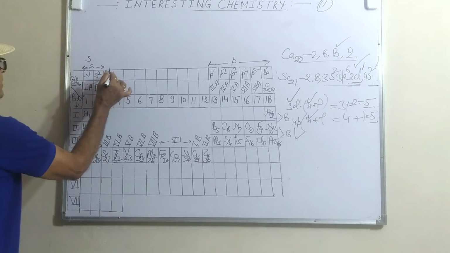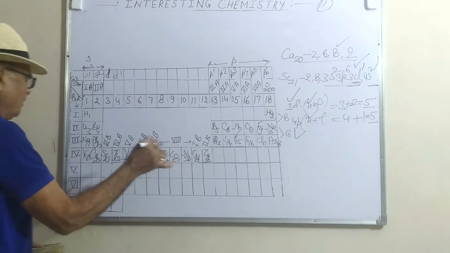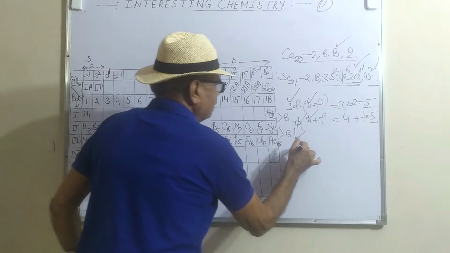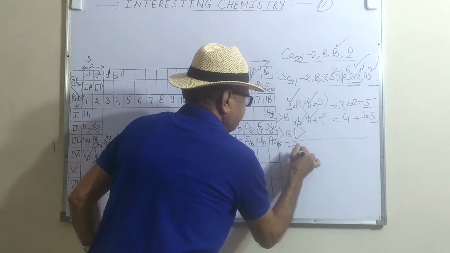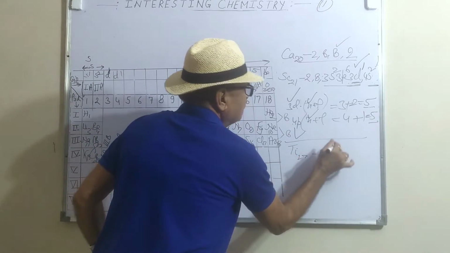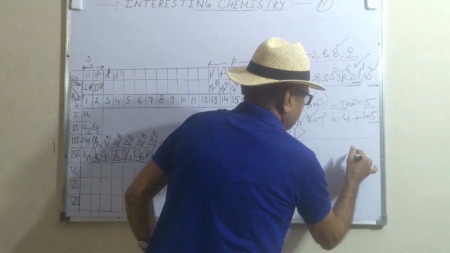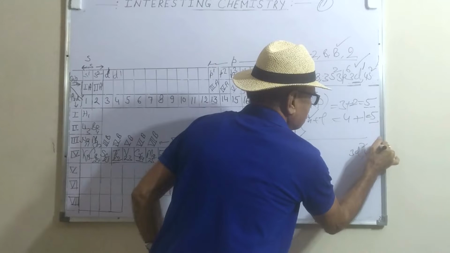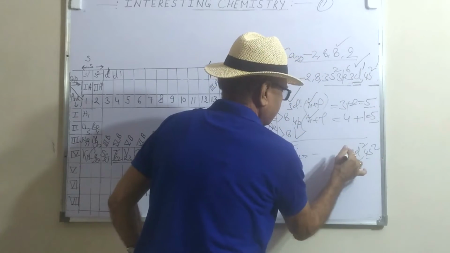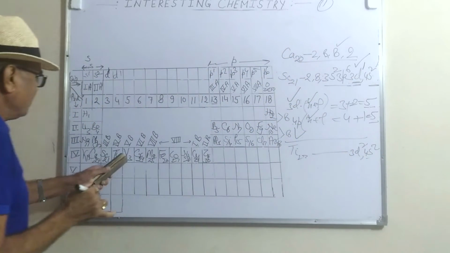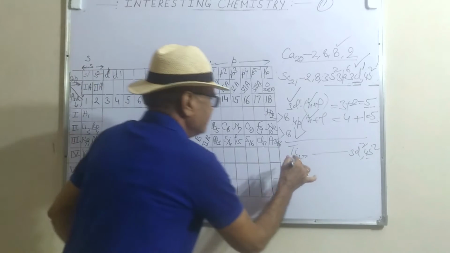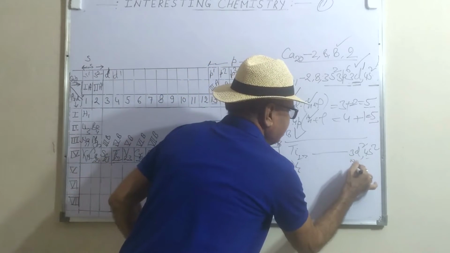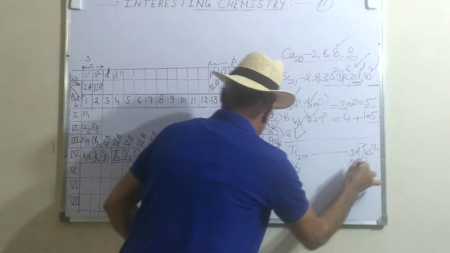So this one is D2. Here titanium 22 will be 3D2 and 4S2. 3D2, 4S2 remain the same. Vanadium D3 and 4S2.